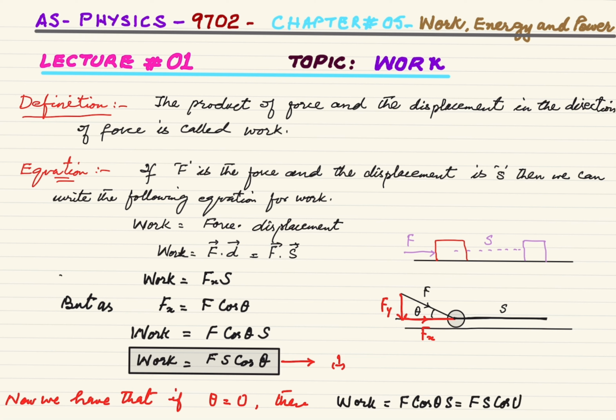As theta is equal to 0, so Fs cos 0, or simply this is nothing but F into S. So you can say that this will be the maximum work done.